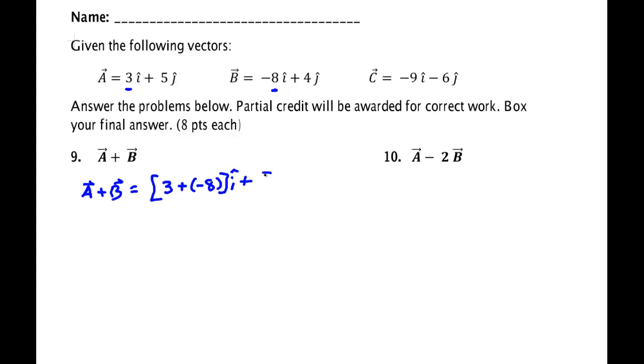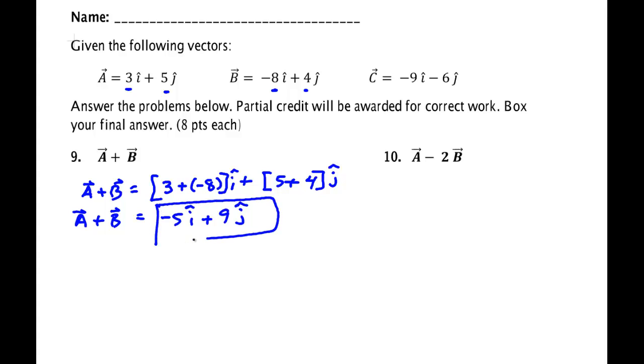And then for the y part we have 5 plus, so we got that one and we need to get this one, 4. That's the j component. So a plus b is equal to minus 5 i hat plus 9 j hat. And that takes care of problem number 9.